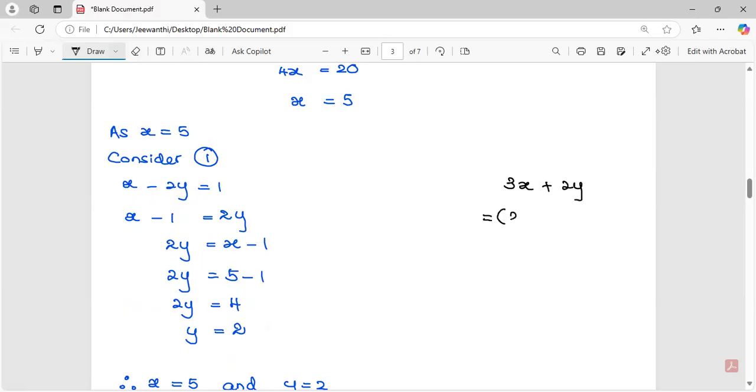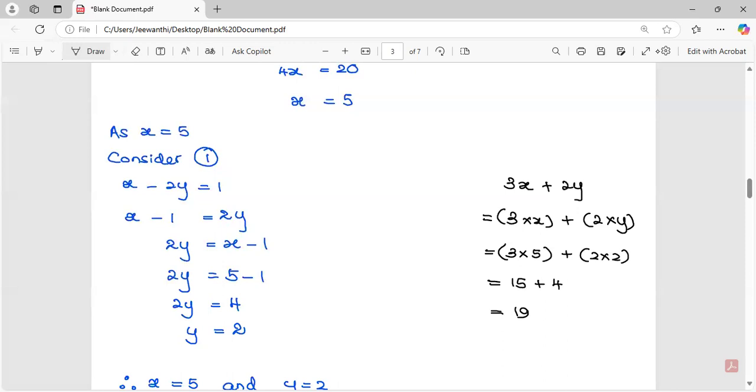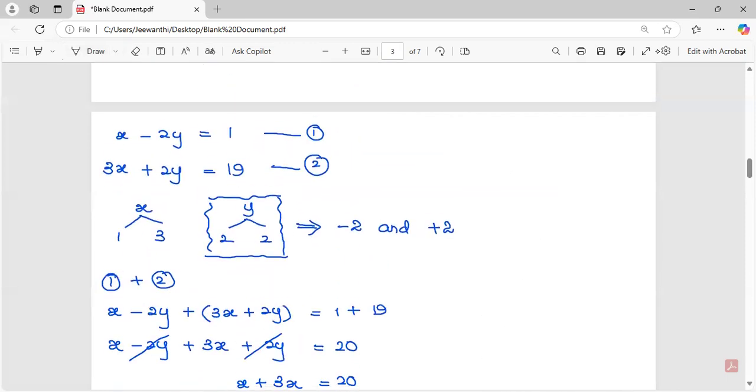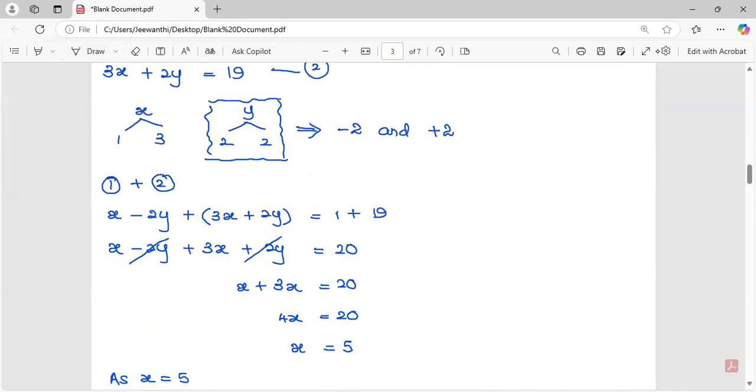That means 3 times x plus 2 times y, and then I write 3 times 5 and 2 times 2. 3 times 5 is 15, 2 times 2 is 4. The answer is 19. So I want to check whether they have given 19. Yes, they have given 19. That means my calculations are correct.